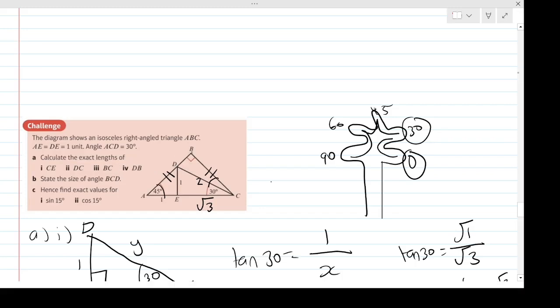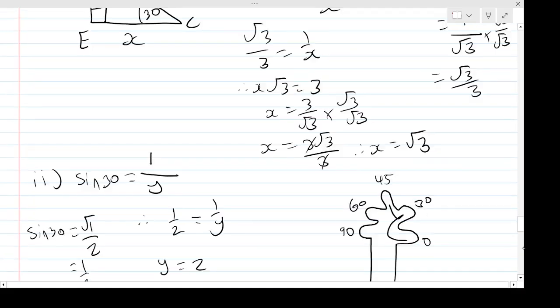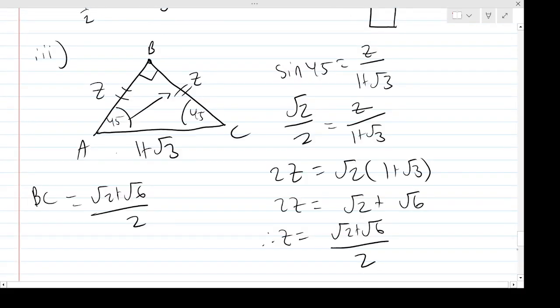Now again, we know that BC is now root 2 plus root 6 all over 2. Now because BC, right, that side is equal to the side AB, right? Because they're both isosceles, so they're both equal. So AB overall then, I can add that on.